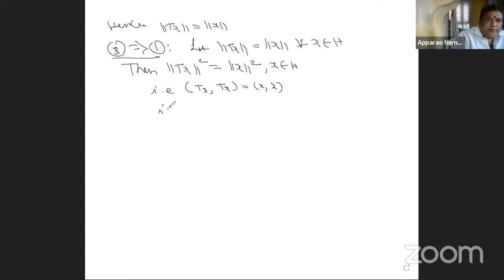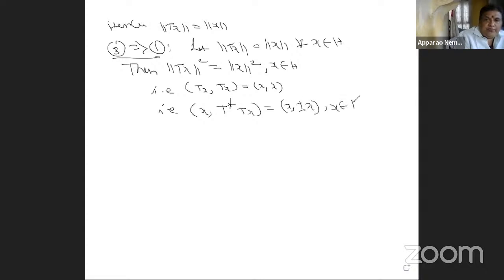That is, inner product of x, T star T of x equals inner product of x, I of x.